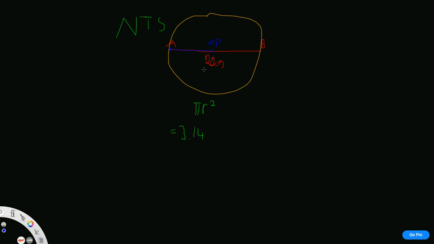So all we have to do to find the radius is divide 20 centimeters by 2, which gives an answer of 10 centimeters. Now we have our radius. 3.14 times 10 squared.